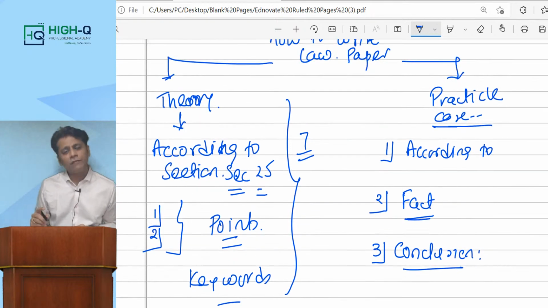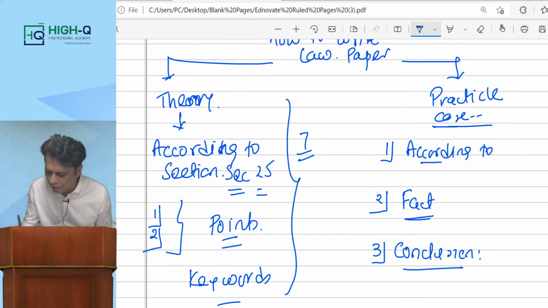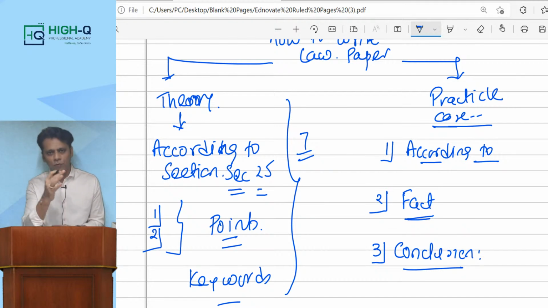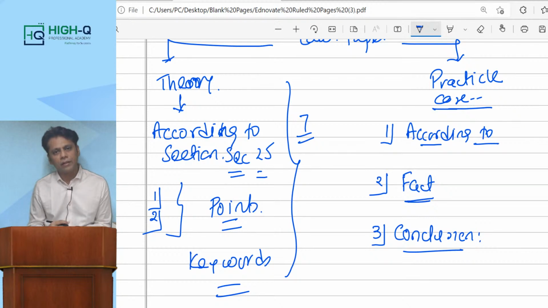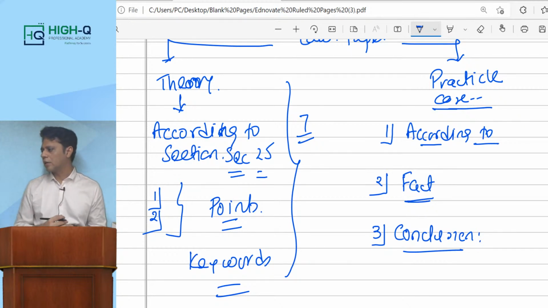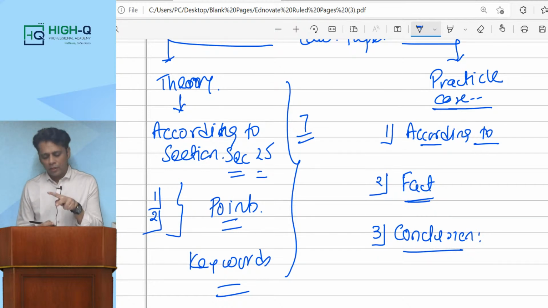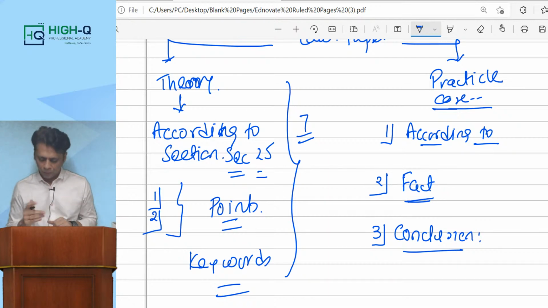If they ask you a practical case, once again you will start with the section number, that is the provision. Second, you will connect this with the facts, and third, you will write down the conclusion. So 2 types of question, and this is the way to write the answer.